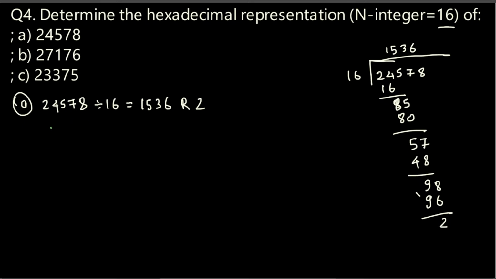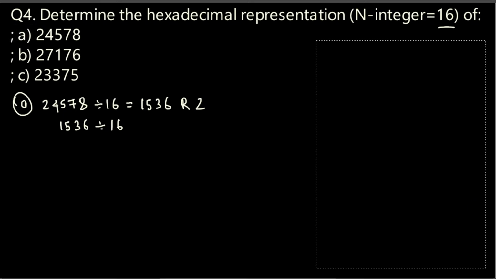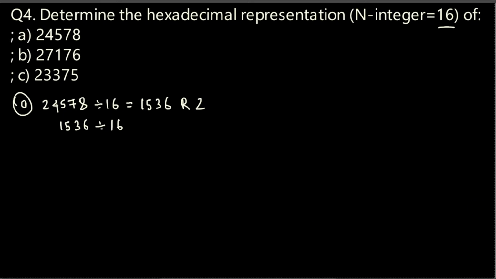Now we have to divide 1536 by 16. Again, we use the division method, so I'm going to erase this. 1536: in 15 we don't have any 16, so put a 0.